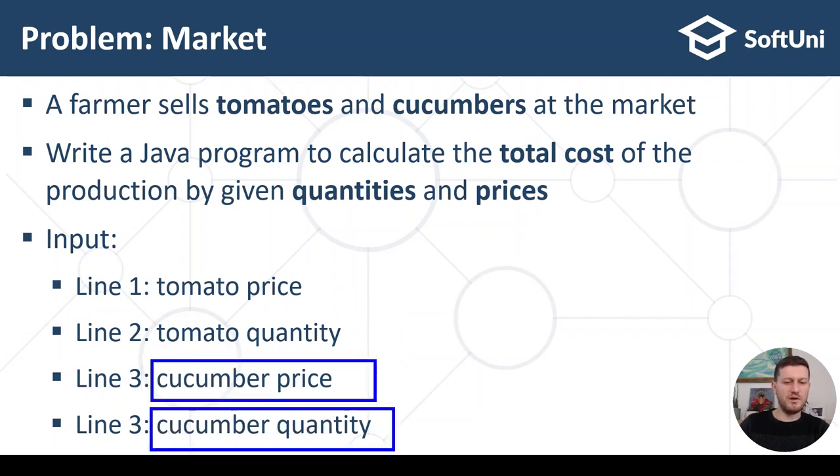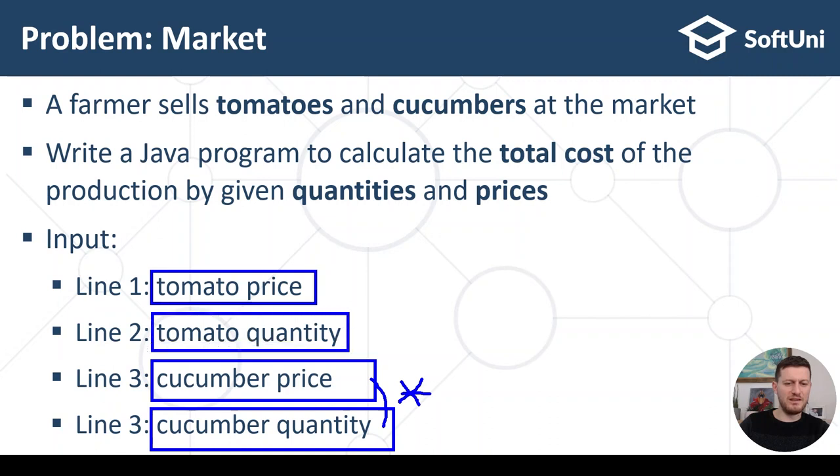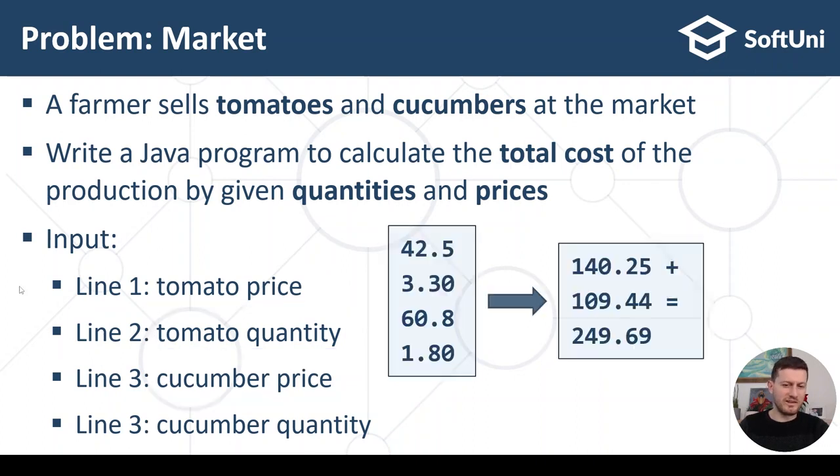So if we multiply the tomato price by the quantity, we will find how many dollars the tomato costs, and the cucumbers the same way. And if we sum this, we'll find the total cost. Okay, so this is an example.